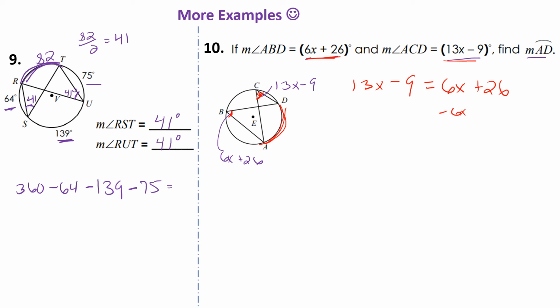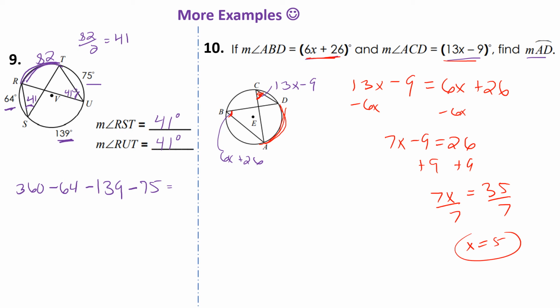Subtracting 6x, I get 7x minus 9 is equal to 26. Adding 9, 7x is equal to 35. So x is 5.